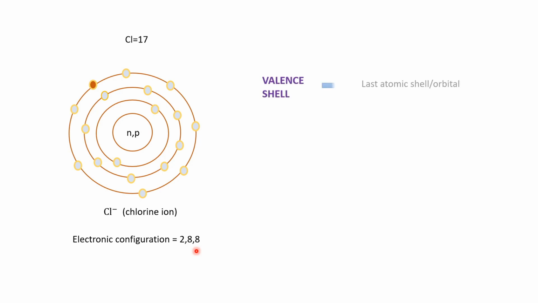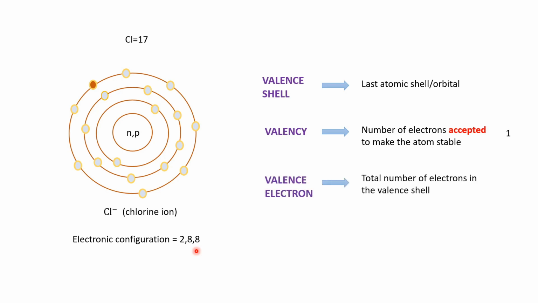Now the valence shell was obviously the last atomic shell or the orbital. The valency here was the number of electrons that are accepted to make the atom stable, and the number of electrons accepted by the chlorine atom was 1. So the valency is 1. And the valence electron here was the total number of electrons in the valence shell. So before accepting, the total number of electrons in the valence shell was 7, therefore the valence electron is 7.